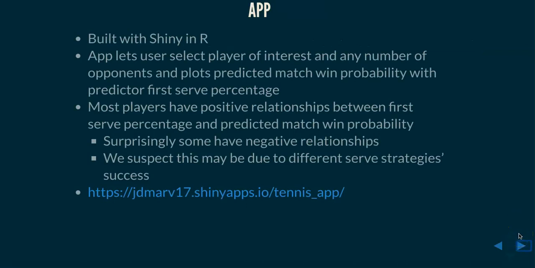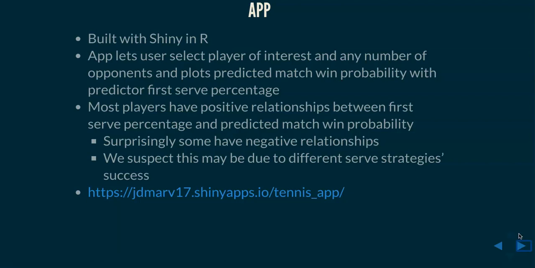So once we had our model built, we decided to display it in a web app, which we built with the language Shiny and R. So Shiny is a language that's pretty easy to use if someone knows the language R, and Shiny will translate itself into HTML to make it easy to make websites.